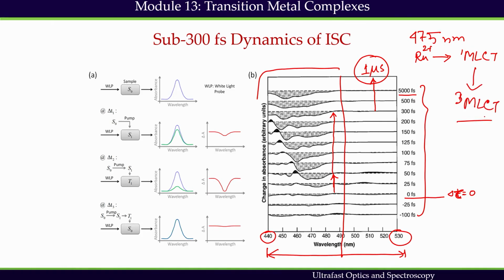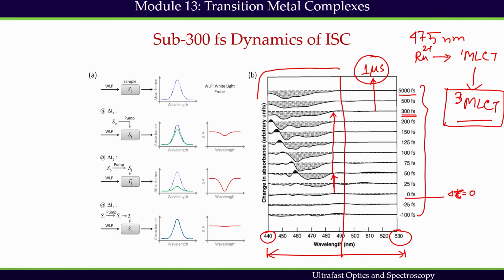This no change occurs from 300 femtoseconds onward. So, the argument from this experiment is that by 300 femtoseconds, we have prepared this 3MLCT triplet state, which is long-lived and stays in the triplet state until the 1 microsecond time scale.